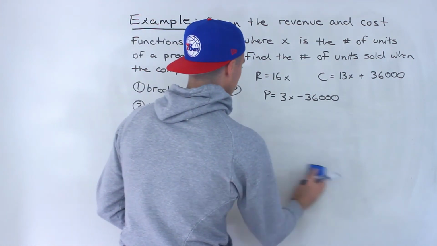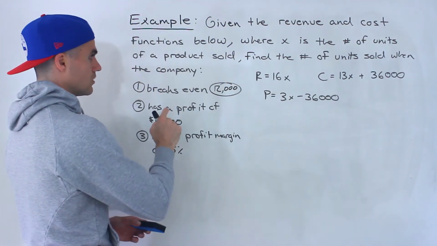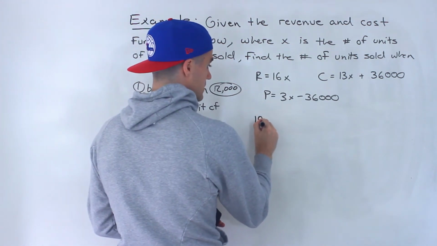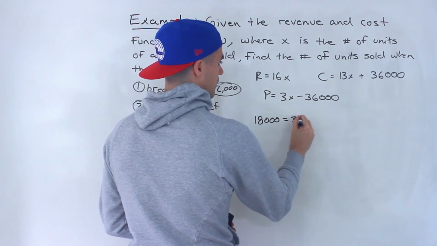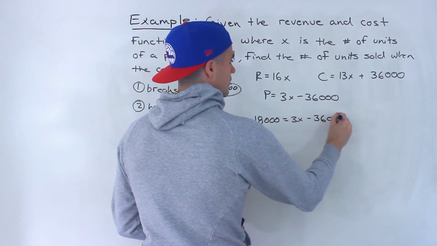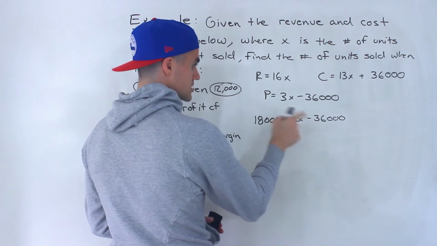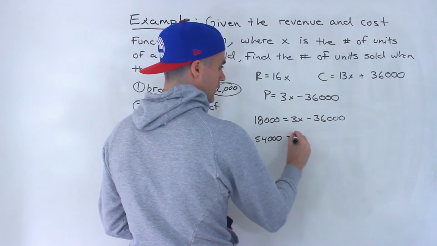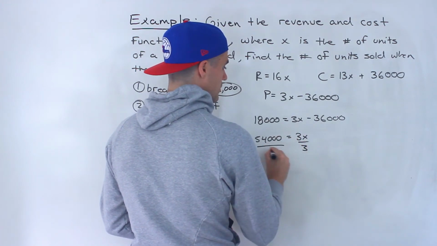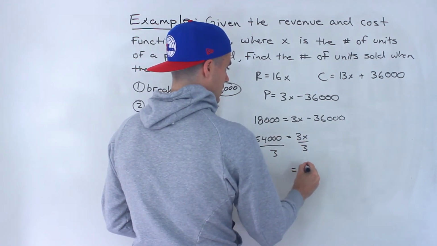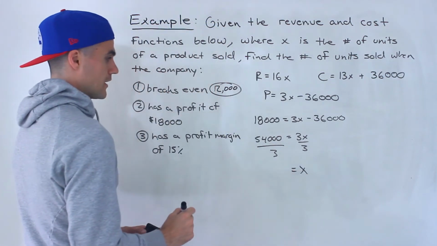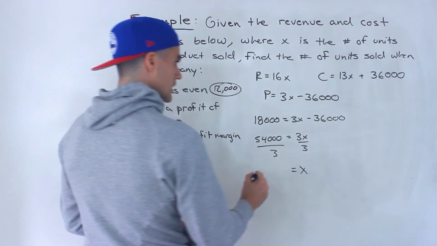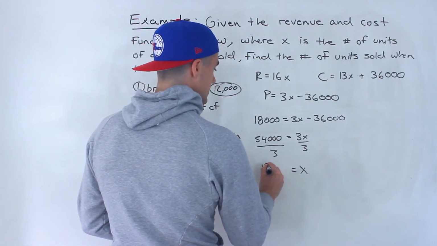Now, question two is asking, what's the number of units sold when the company has a profit of 18,000? Well, just plug in 18,000 for the profit. Bring this over. 18,000 plus 36,000 would give us 54,000. Divide both sides by 3, and x would end up being 18,000.